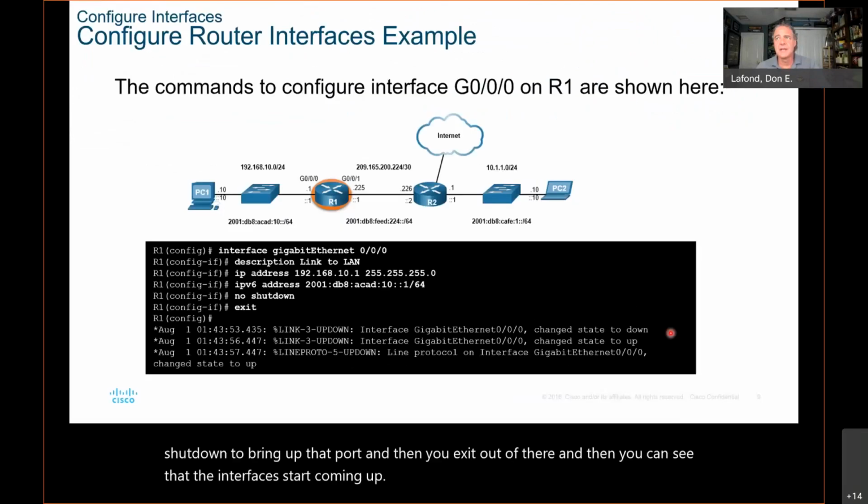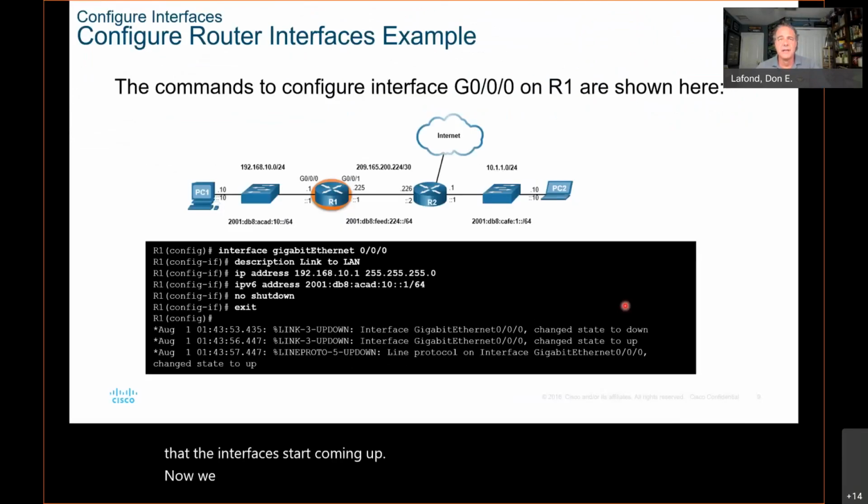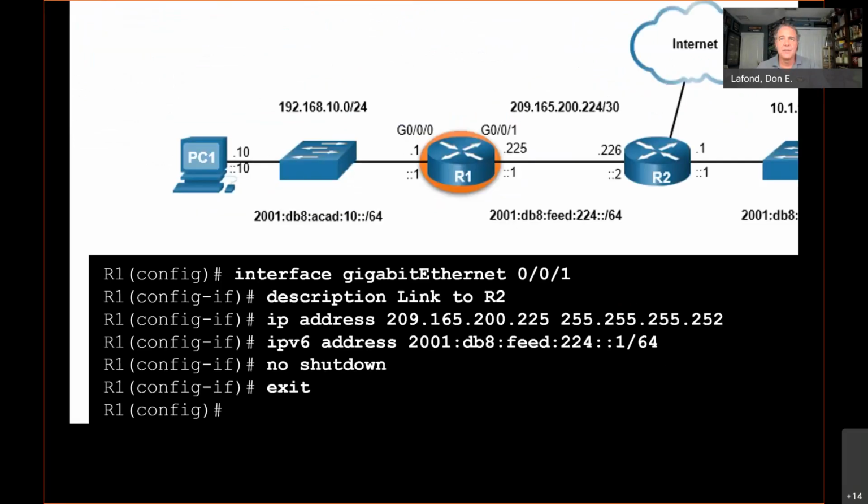Now we are going to go to the other side of the network, that same router, I should say, and now we're dealing with this side, and notice it's a 224 network /30. And so 224 means the first address is 225, the second address is 226, and 227 is the broadcast.